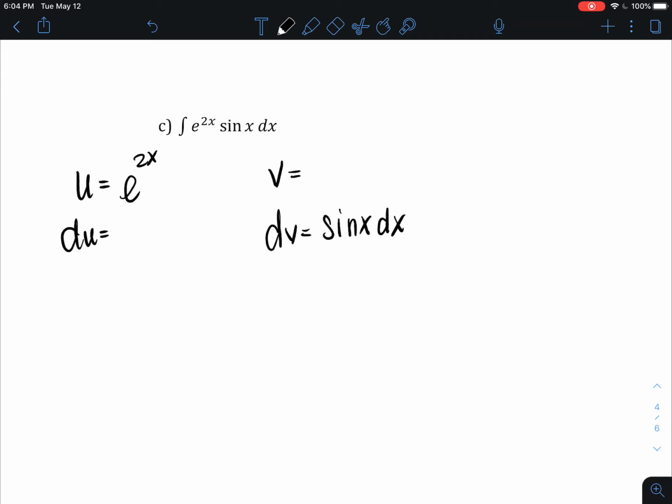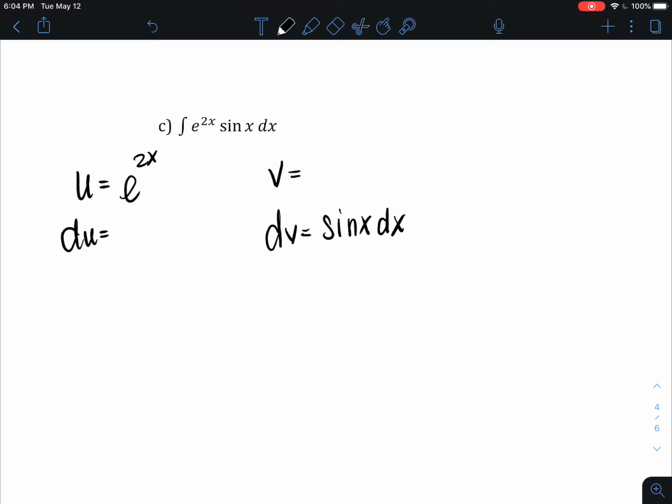Besides that, sine will always flip-flop between cosine, sine, negative cosine and sine, so that one's easy to integrate as well. But if it had sine 2x, then I would have chosen that to be u. I'm only choosing e to the 2x to be u because of the 2x.